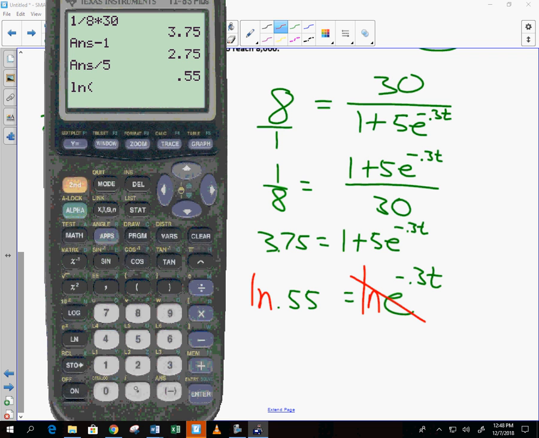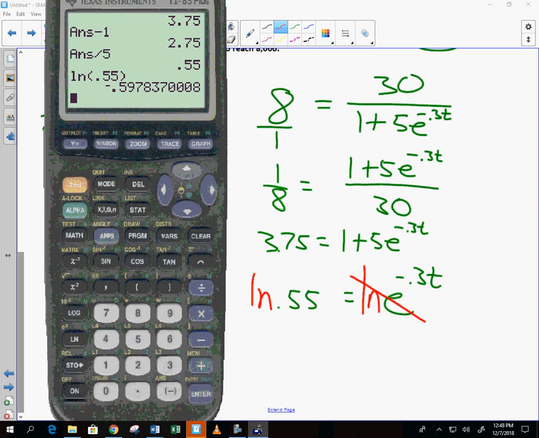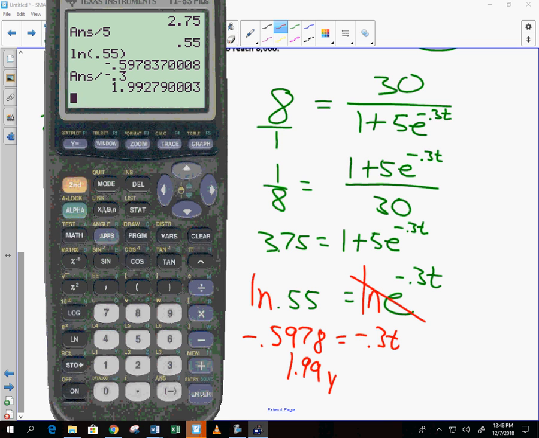The natural log of 0.55 is negative 0.5978. Divide both sides by negative 0.3, 1.99. That's how many years? About 2 years for the population to reach 8,000.